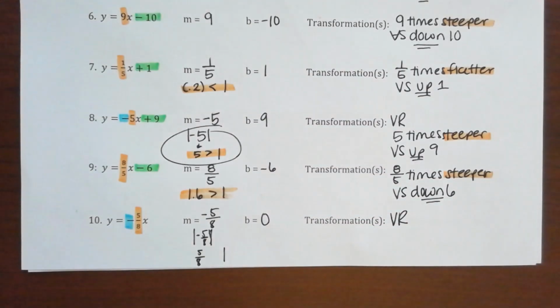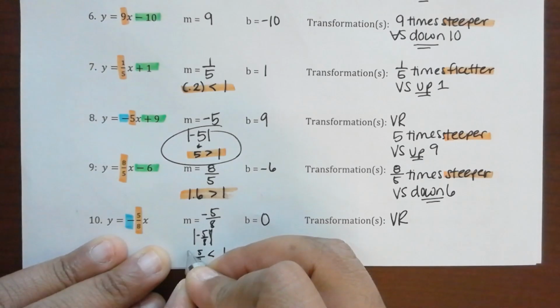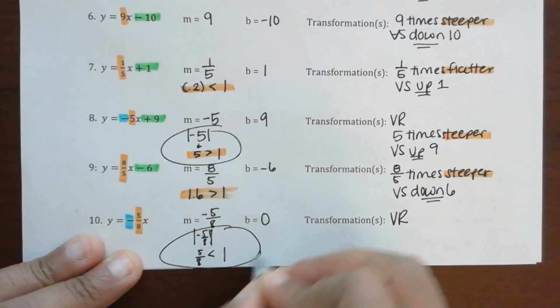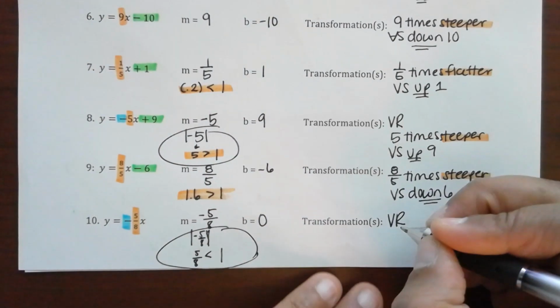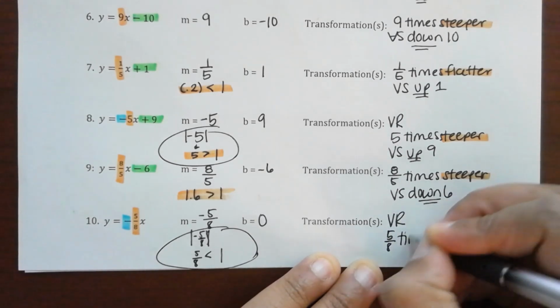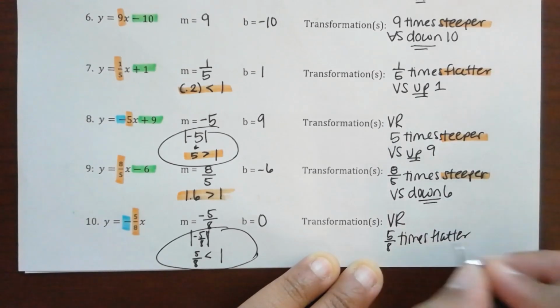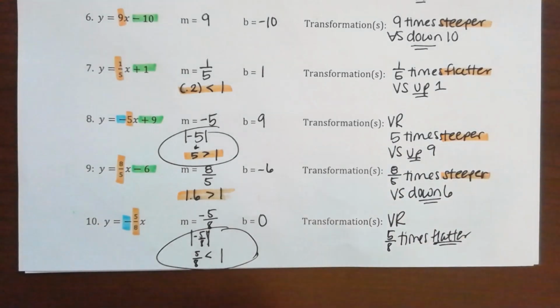Is it greater than or less than 1? Less than 1. So how would I write this? Great job. I put an asterisk next to those two that I had to take the absolute value of.